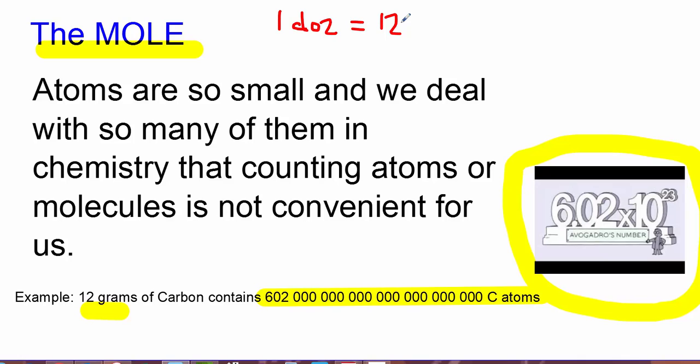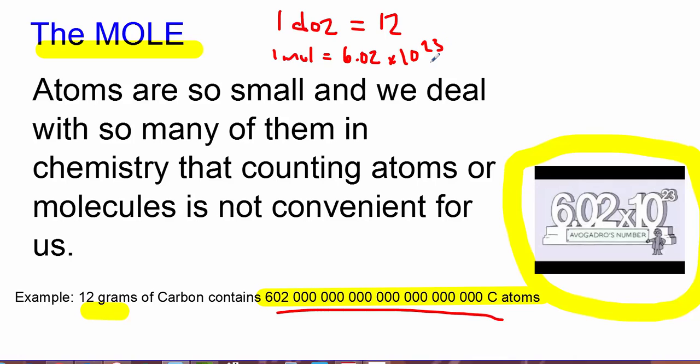So in the same way that a dozen refers to a very set standard number, which is 12, a mole is the same. 1 mole is equal to a very specific number, and it's this humongous number right here, 6.02 times 10 to the 23 of whatever it is that I'm referring to.